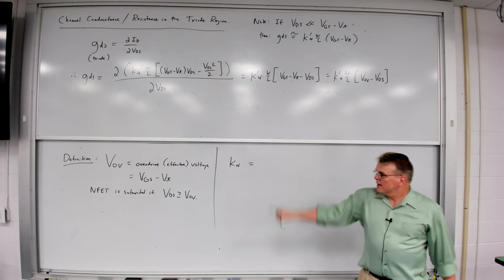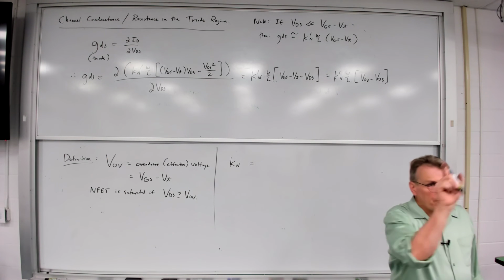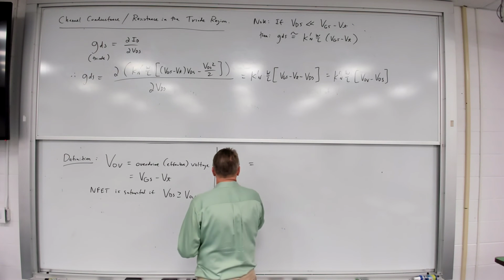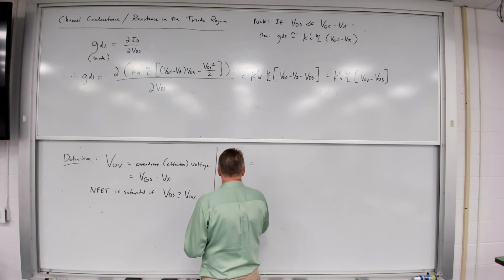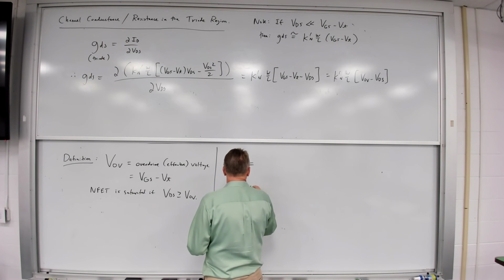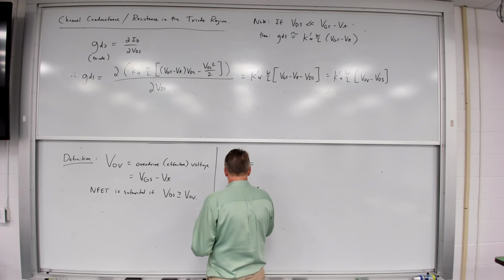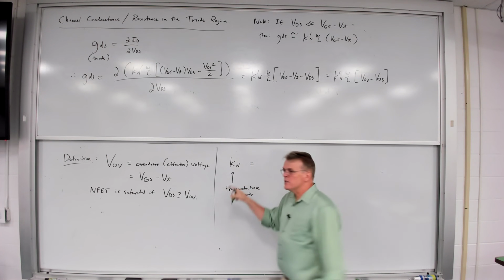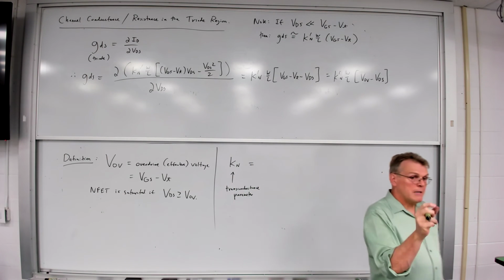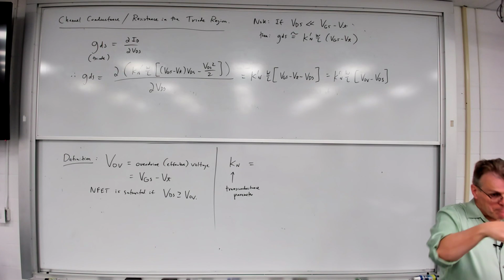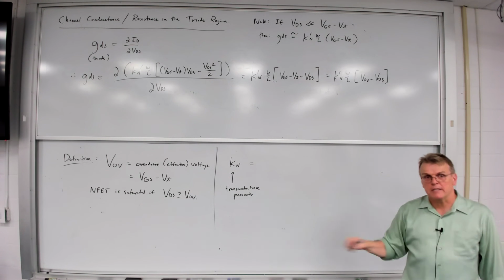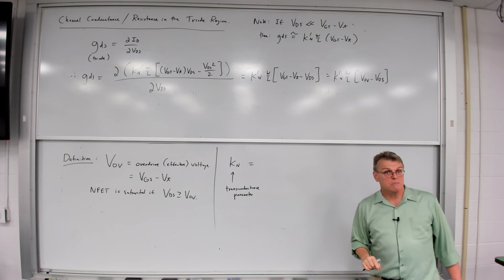The book will define something called K sub n without the little prime. This is a useful definition if you're talking about discrete MOSFETs, the ones you can buy and use in the lab. But you don't normally see this definition used in MOSFETs on integrated circuits.